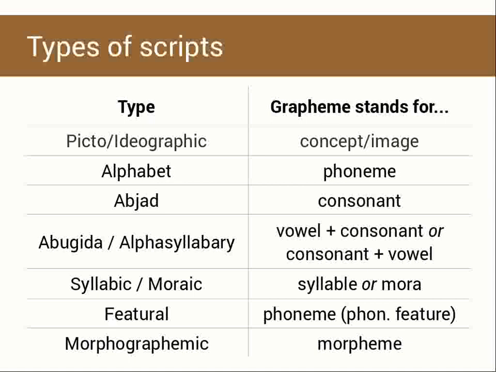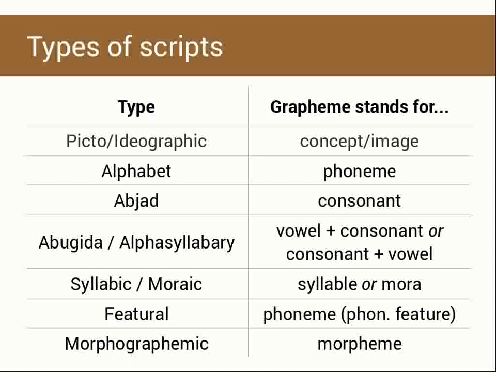And feature writing systems, those weird systems, are very rare. There's only one that I can think of that is actually in active use around the world these days. Every other one is basically an experiment. What you write down is a feature of a sound, not a whole sound. In the Latin alphabet, in theory, you're writing down whole sounds, one sound, one letter.